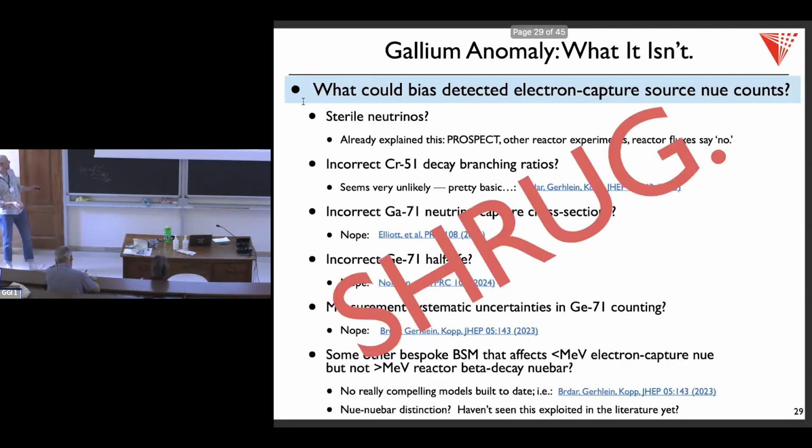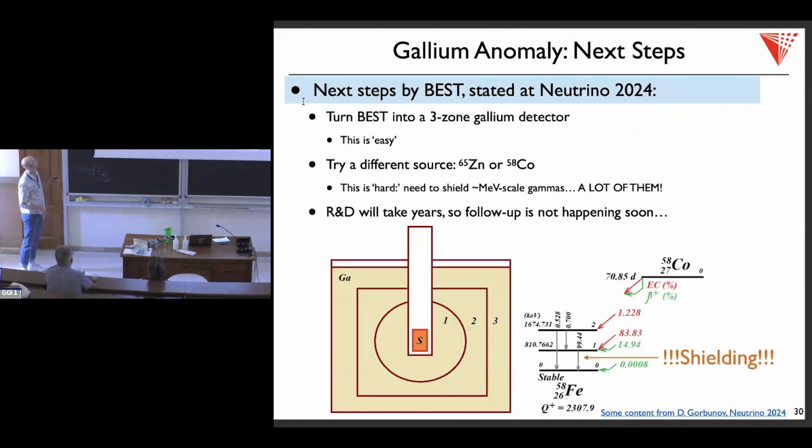Okay, for example, these BSM models we're talking about here apply to a very specific case. And also, if you're worried about the nuclear calculations, things look different for that. Zinc 65 or cobalt 58 is what they're looking at.